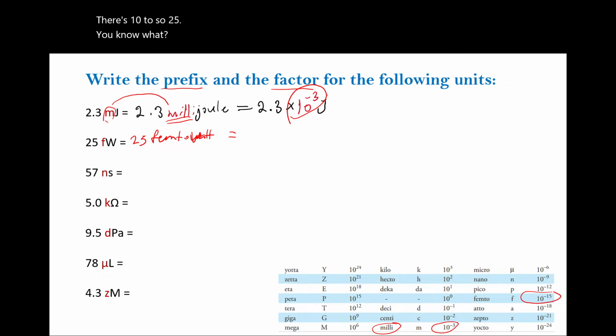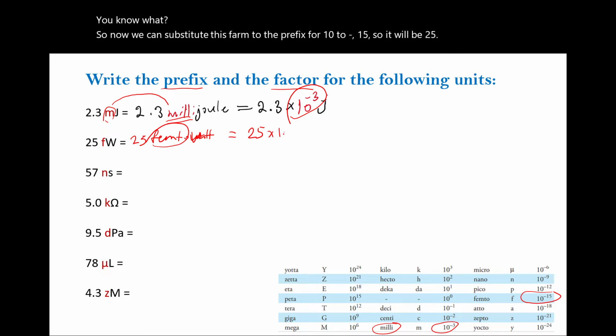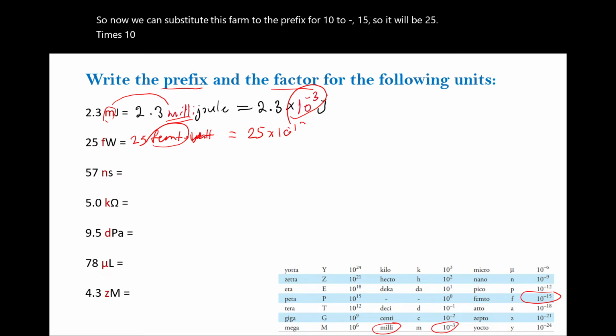So now we can substitute this femto, the prefix, for 10 to negative 15. So it will be 25 times 10 to negative 15 watt. So we can use capital W, that's watt.